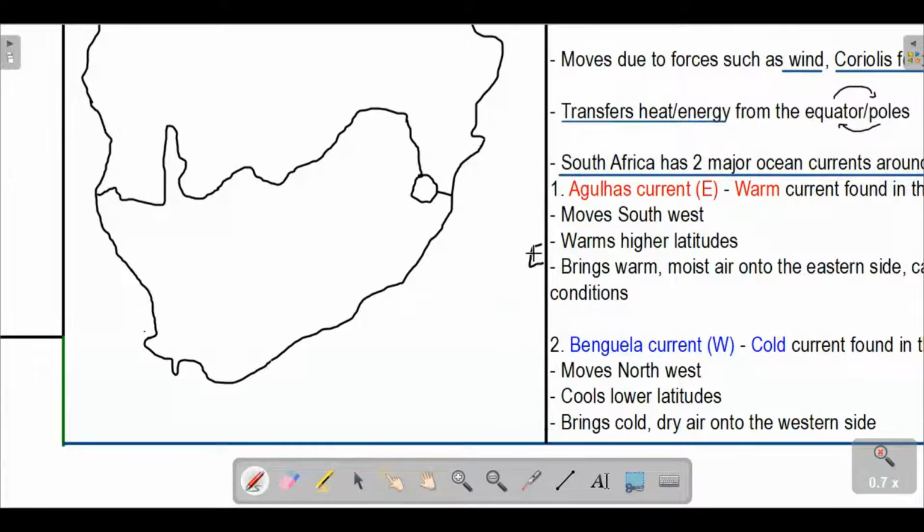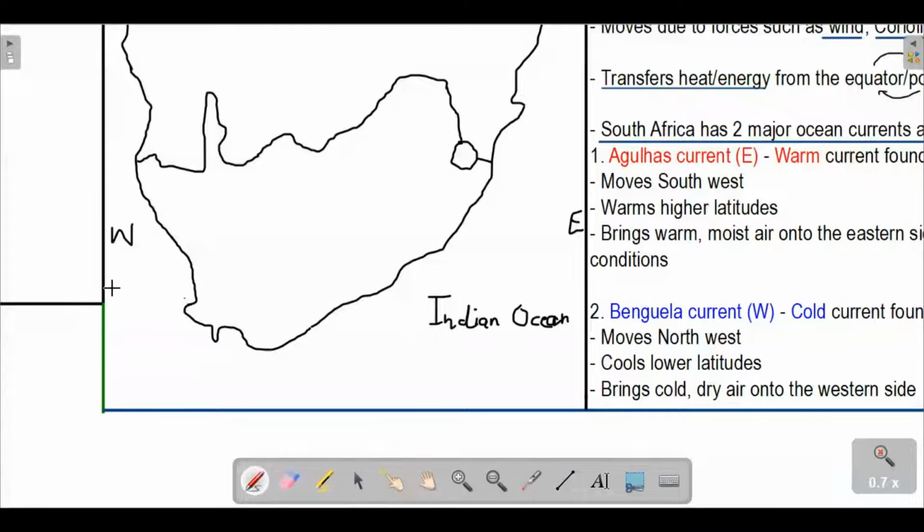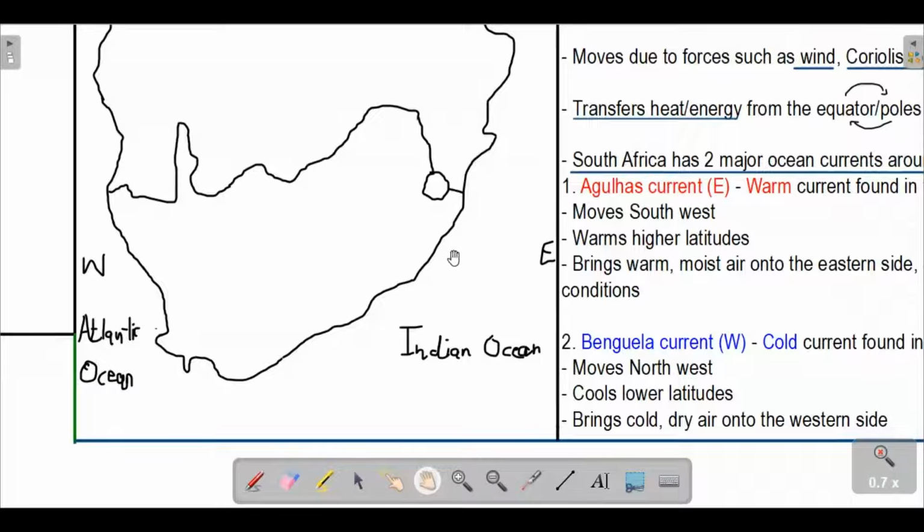We have the Indian Ocean. And then on the west, we have the Atlantic Ocean. So always, guys, on the east we have the Indian Ocean, on the west we have the Atlantic Ocean. Important to note. And in these oceans we have these ocean currents.